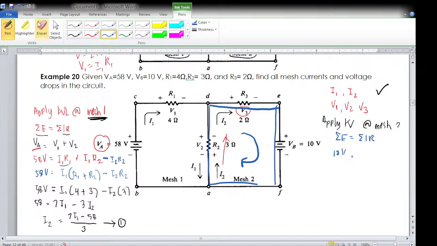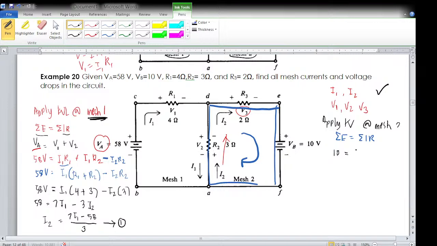How about for our IR? What is the IR here? What are the voltage drops?